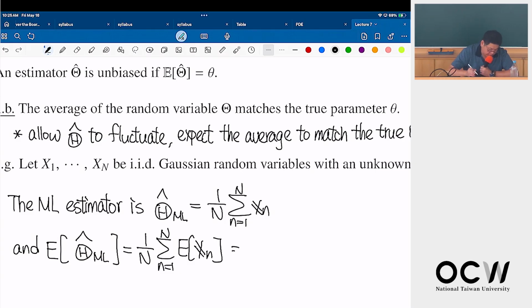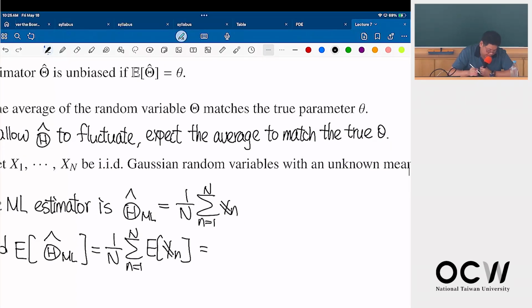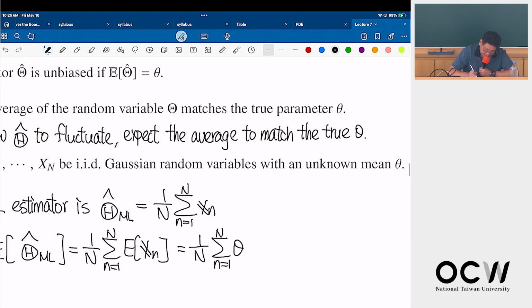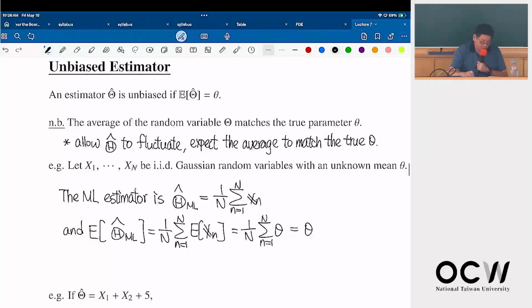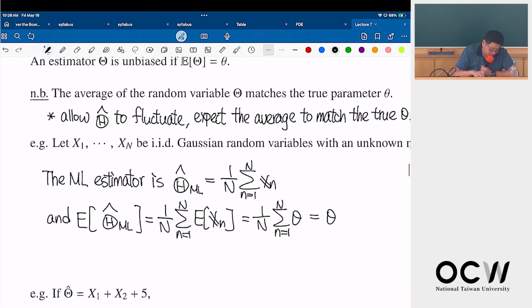This should be 1 over N summation n from 1 to capital N theta. And this is theta, just matching the true parameter. So we will say that the maximum likelihood estimator is an unbiased estimator of theta.